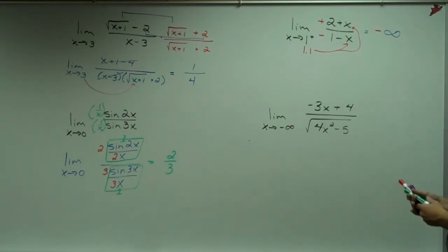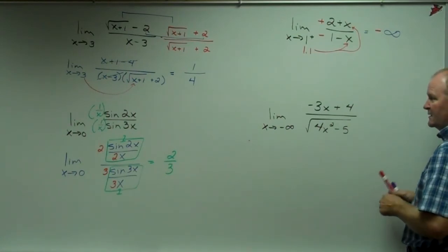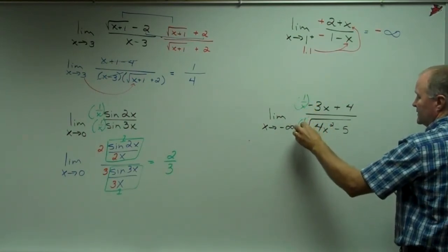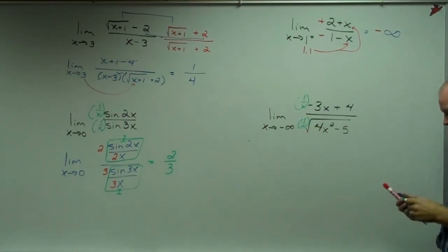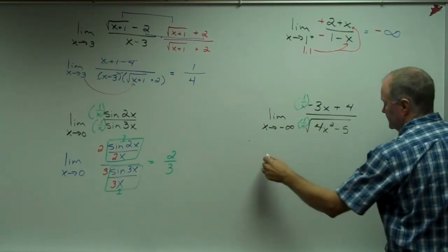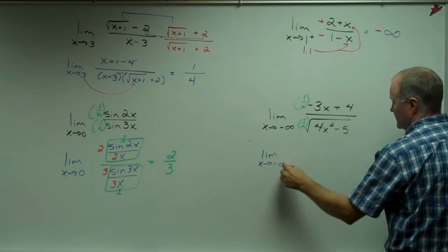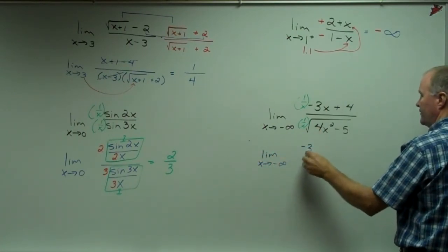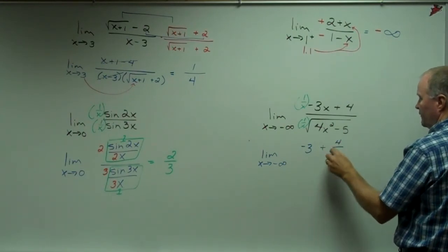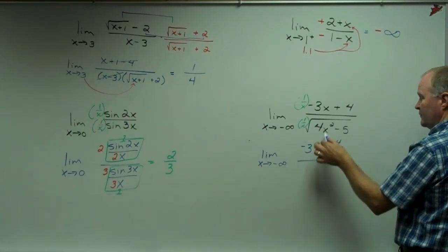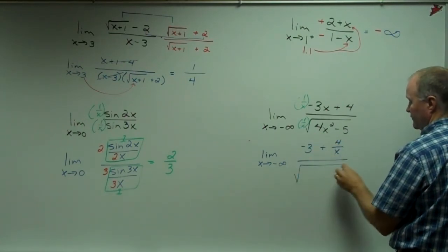Okay? So I'm going to divide by the highest power of x. That's 1 over x and 1 over x. That gives me negative 3 plus 4 over x. This 1 over x is outside the square root house, so when he goes in, he has to get squared.